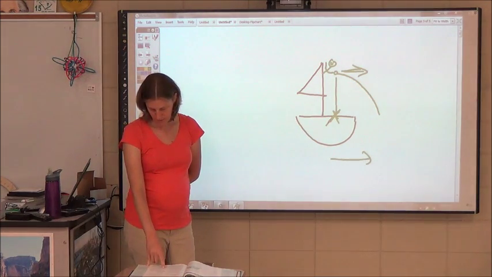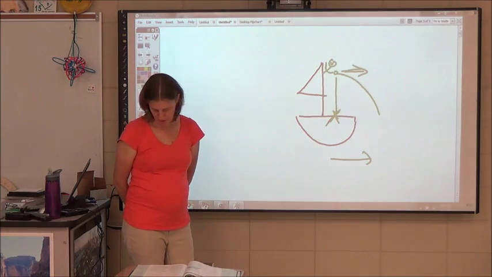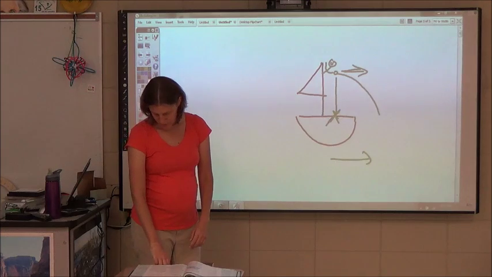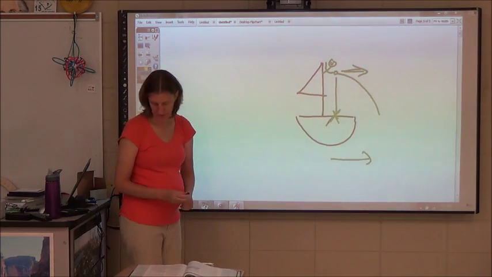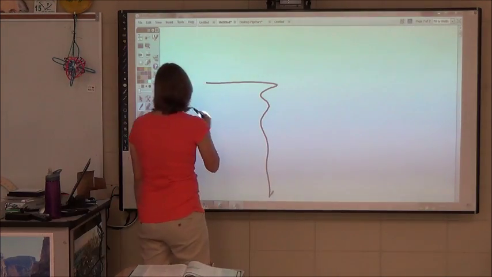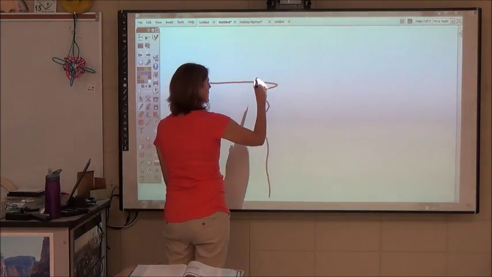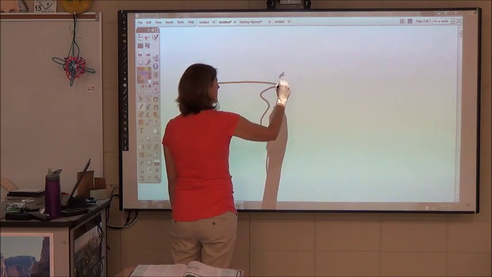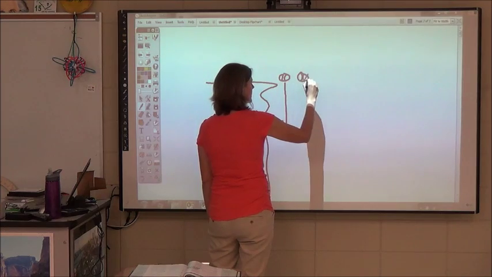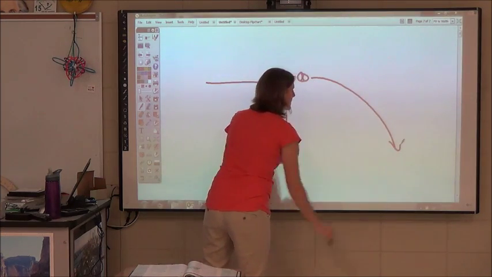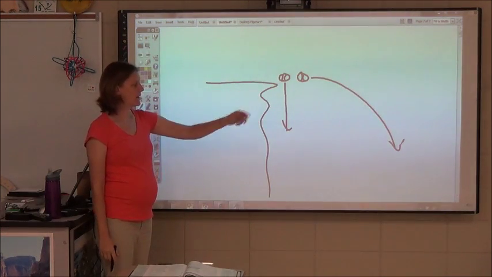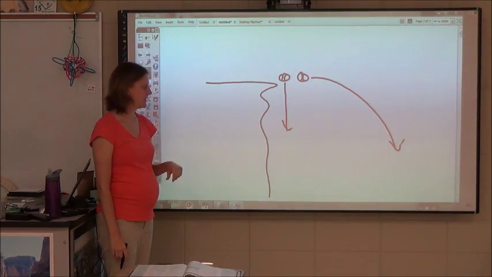Okay, and then 30, a rock is dropped at the same instant that a ball at the same elevation is thrown horizontally. Which will have the greater speed when it reaches the ground? Okay, so we have one ball falls, one ball is shot horizontally off this little cliff.